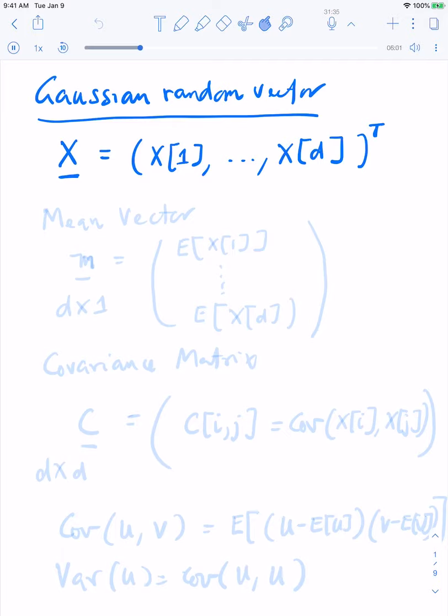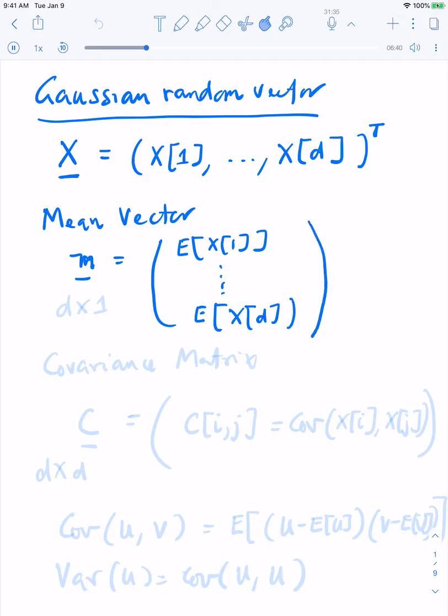Again, we can talk a lot about these, but we are just going to state the basic facts. A Gaussian random vector can be characterized by, just like the Gaussian random variable could be characterized by the mean and variance, a mean vector, which is just the individual means of these guys, right? Basically, it's just expected value of x1 through expected value of xd.